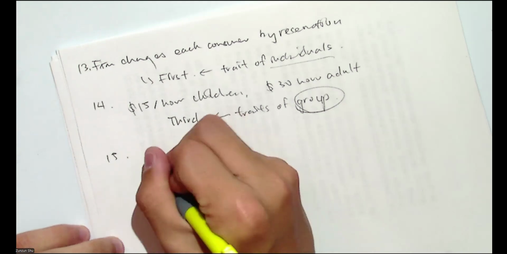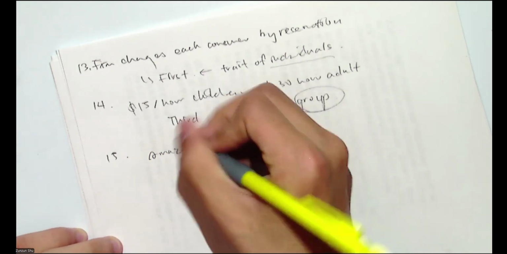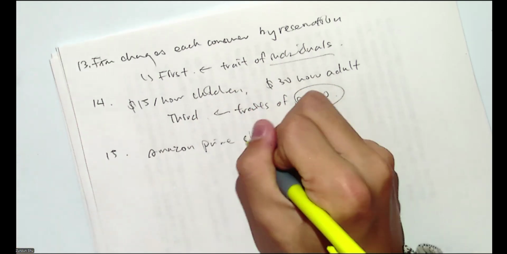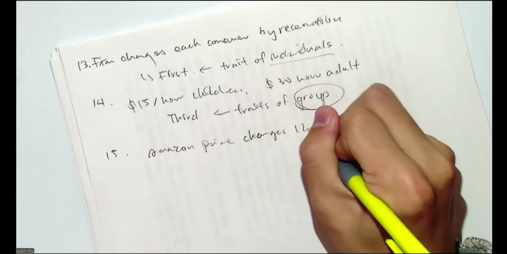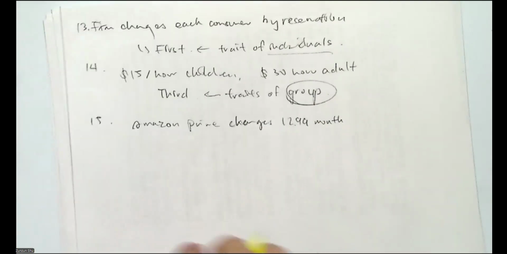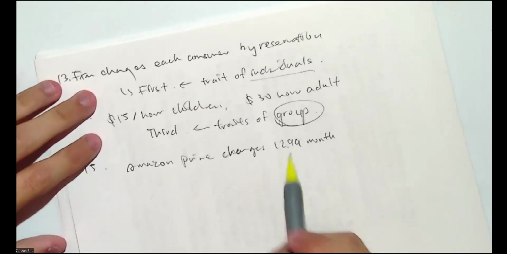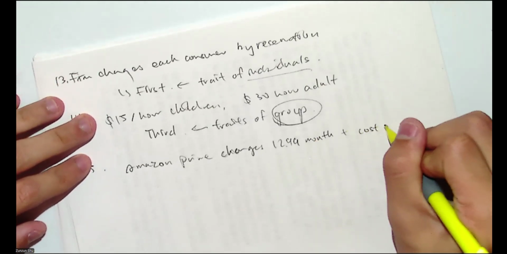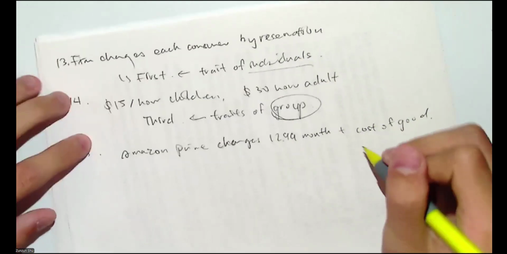Amazon Prime charges $12.99 a month. I don't know, is this number still accurate? I don't use Prime, so I actually can't see it. $12.99 a month plus the cost of goods. So I mean, what is this?